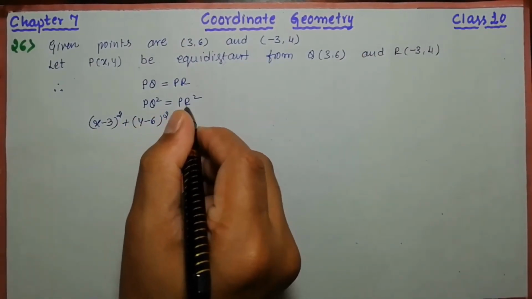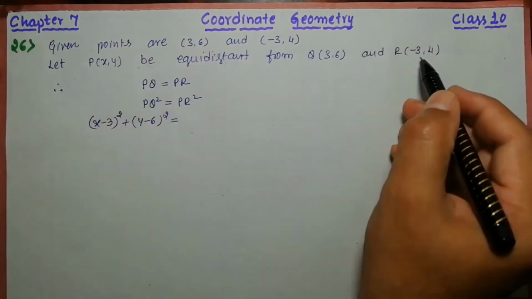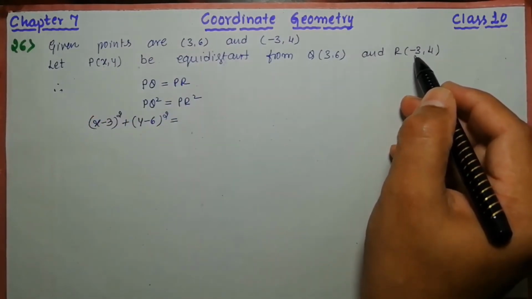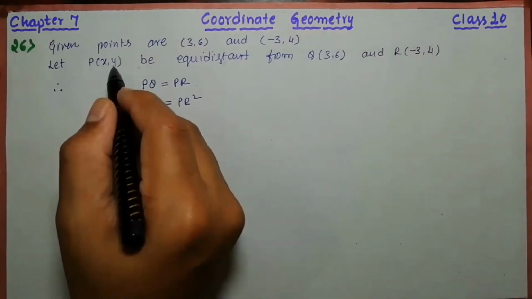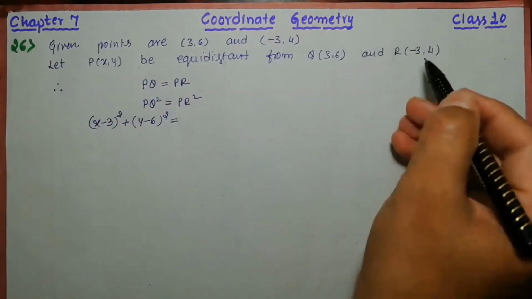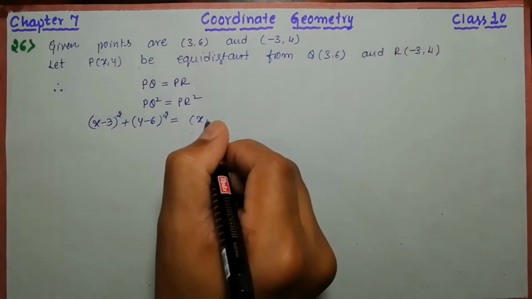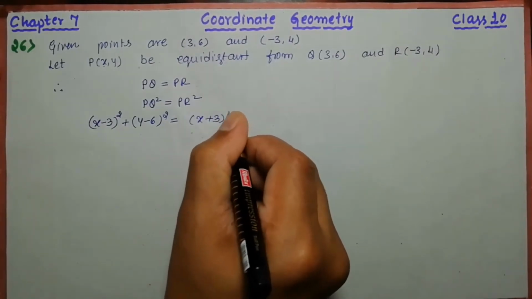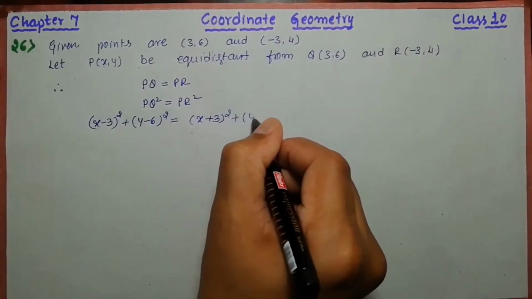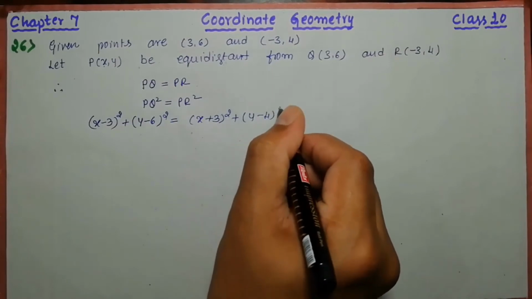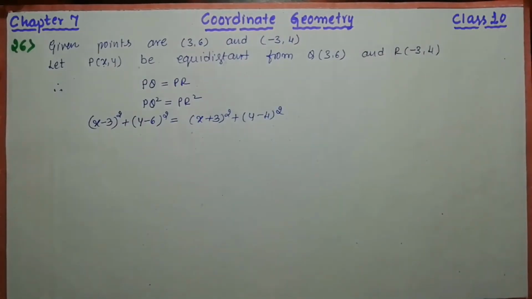And here PR means P to R. Here also I take this one as x1 comma y1 and this one as x2 comma y2. So x2 minus x1 becomes x minus of minus 3, which is x plus 3 whole square, plus y minus 4 whole square. Next you need to expand using the formula a plus b whole square or a minus b whole square.